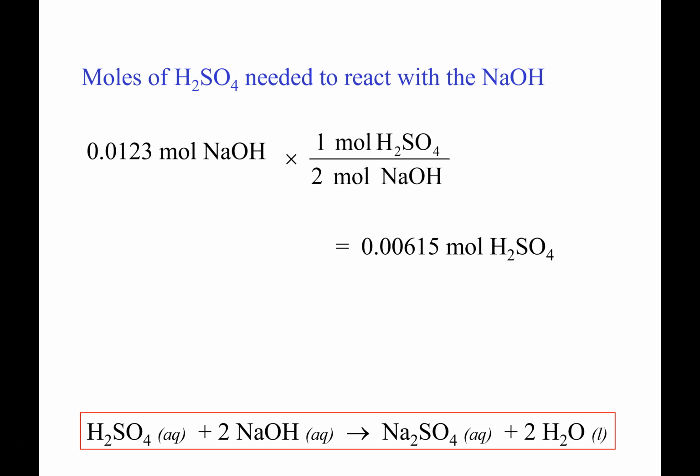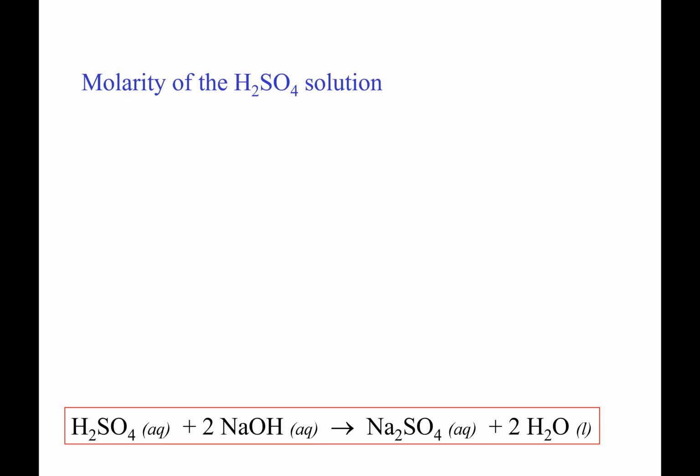So, Benny, do you remember what we're going to do to finish up? Yeah. So we're going to have the moles of H2SO4 over 25. We are. Very good. Yep, we're going to take that 0.00615 moles of H2SO4 over the 25.0 milliliters.